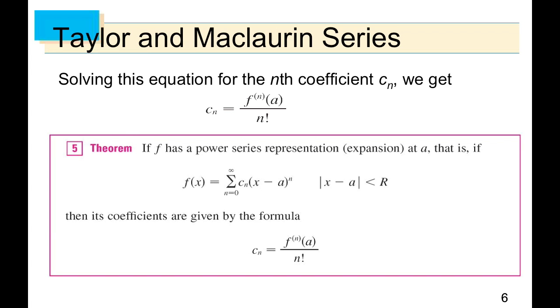If there's some radius of convergence, then each coefficient is going to be equal to the nth derivative of the function at a over n factorial. And that's something you need to know, you need to memorize, you need to be able to compute without your book or without a calculator. And we're going to do an example in just a second.